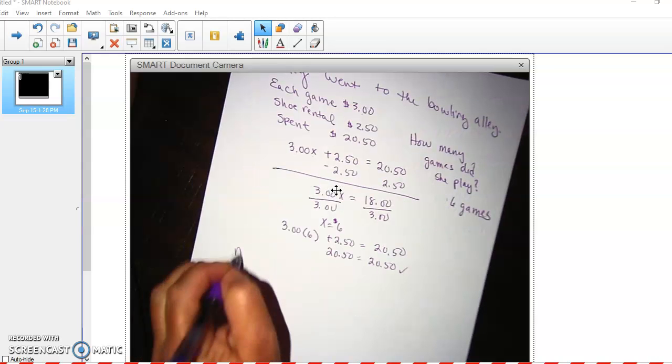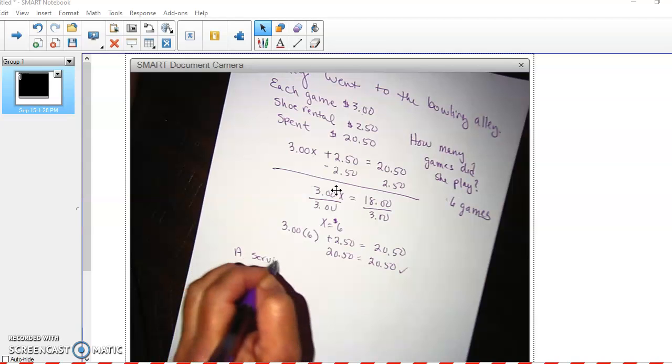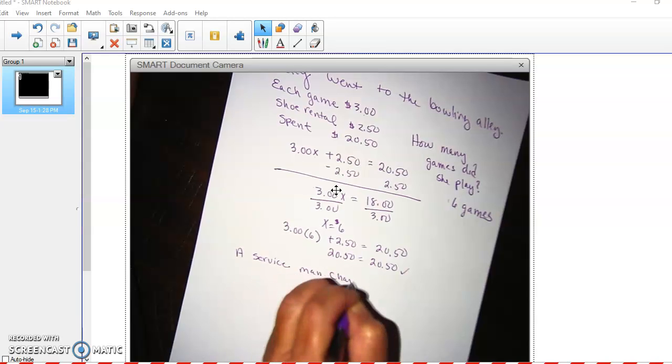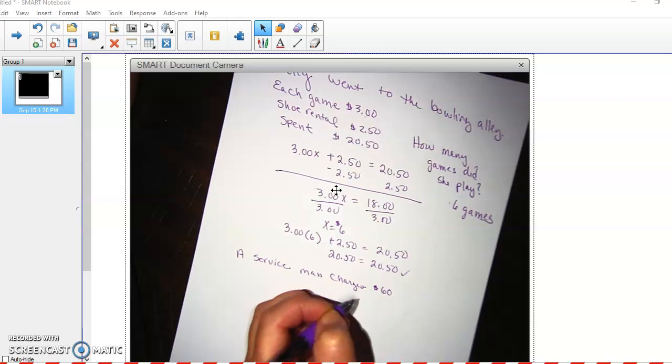Okay, the next problem. A serviceman, any kind of serviceman, if they come to fix your refrigerator or air conditioner, charges $60 just to come out to your house. So no matter what, if they just come out to your house, you have to pay them $60.